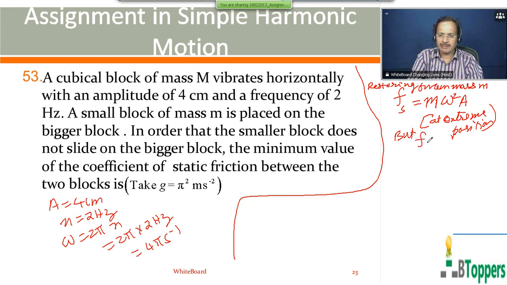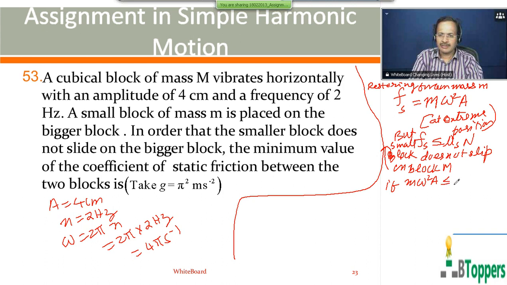But the static friction acting on the mass small m cannot exceed the limiting value mu s into N. That means the small block does not slip on the bigger block of mass capital M if we substitute Fs equal to m omega square A, less than or equal to the normal reaction on the smaller block by the bigger block, which can be written as mg in magnitude.